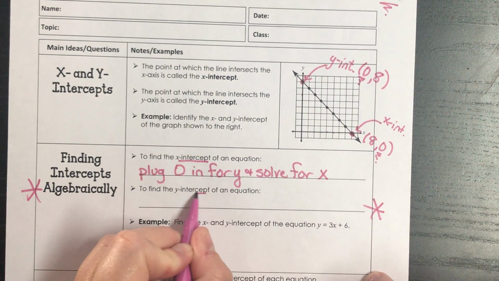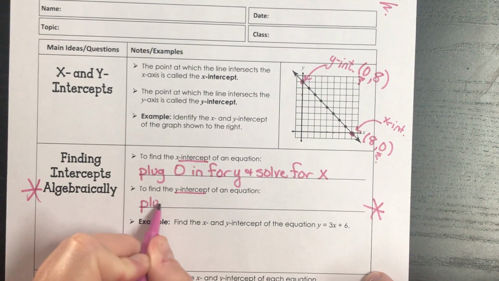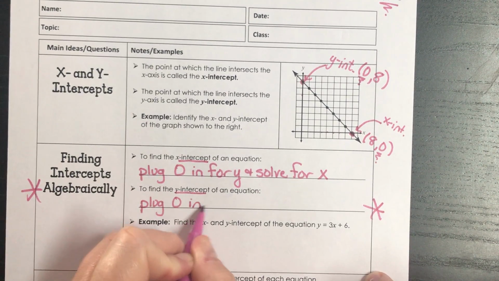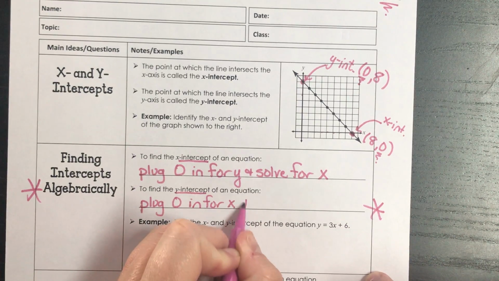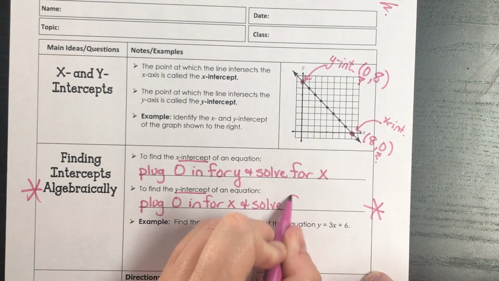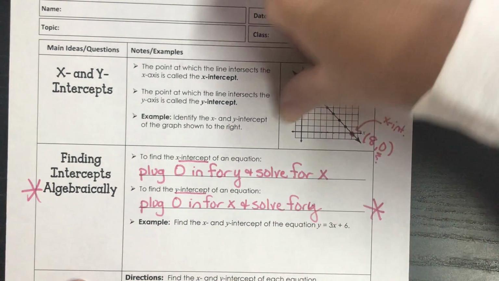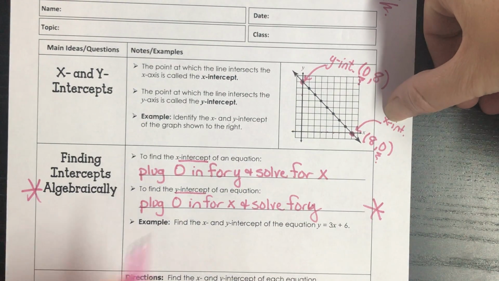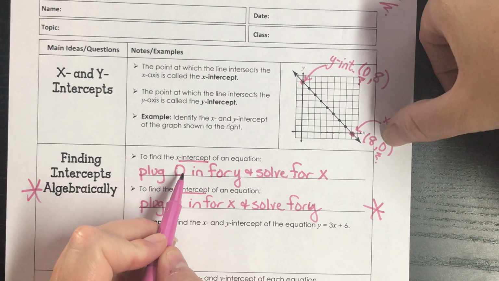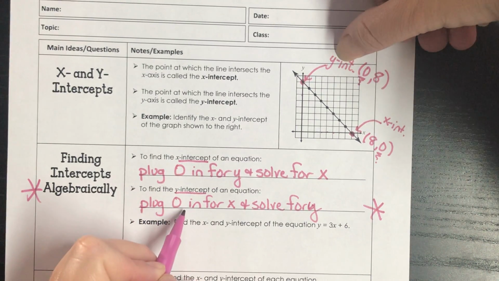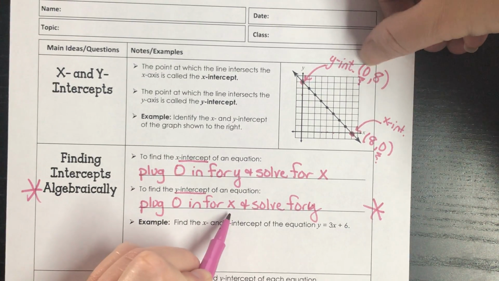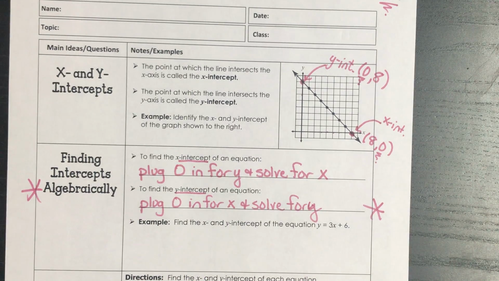When you are finding the y-intercept, you are going to plug 0 in for x and solve for y. If you look here, when we found the x-intercept, there was a 0 for y. When we found the y-intercept, there was a 0 for x. So that's what you're going to be doing today.